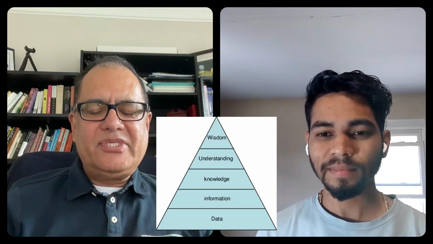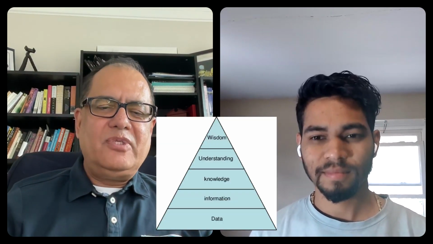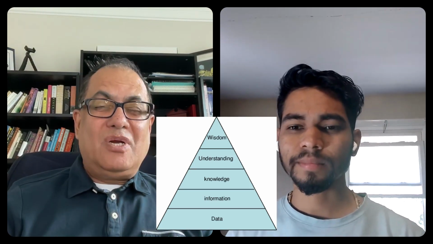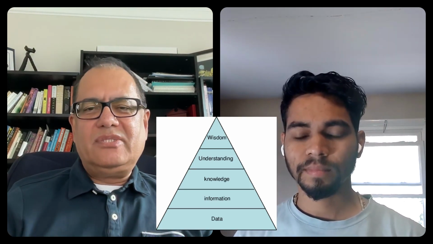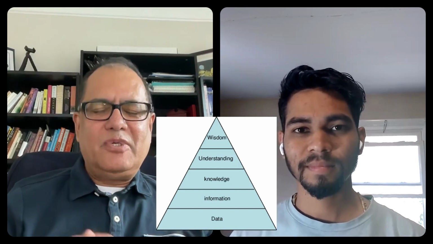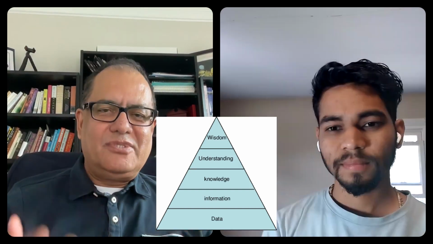Well, there are two aspects to it. One is our existing pyramid-like understanding of how we go from individual bits and pieces of data all the way to developing sort of wisdom. So we collect pieces of data, it becomes information, and then we put some context on it, it becomes knowledge.